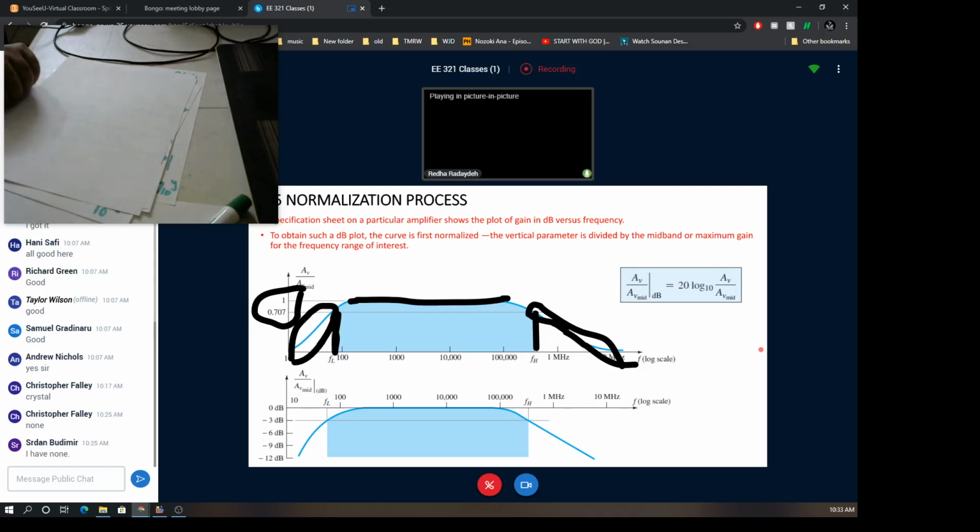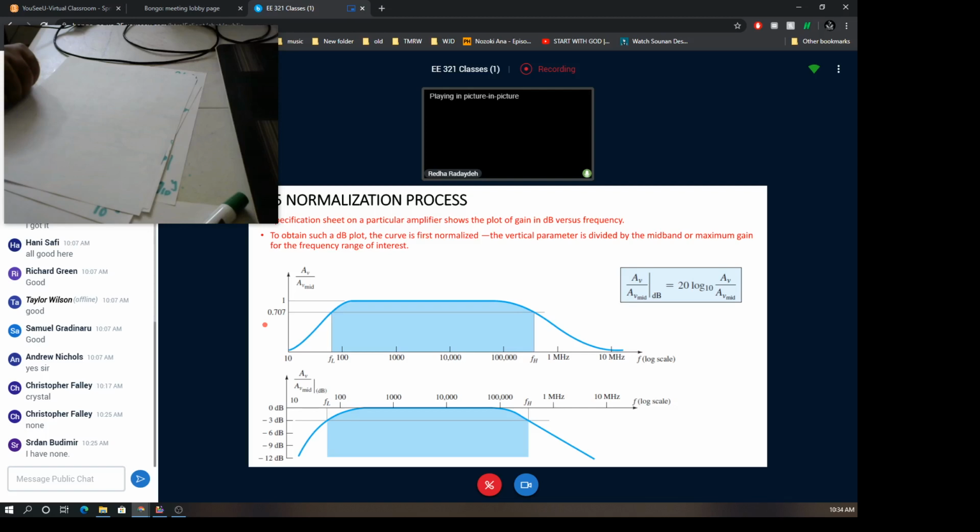Instead of using decimal values here on the y-axis of the gain provided, we can express this curve in dB scale, as you see here. So the maximum gain here, 1, would be a 0 dB threshold. 0.707 will be minus 3 dB.